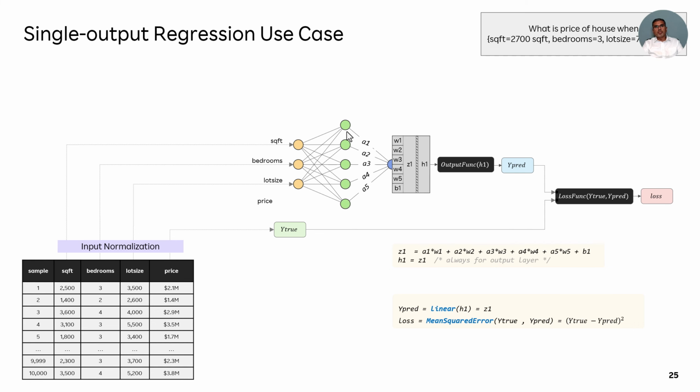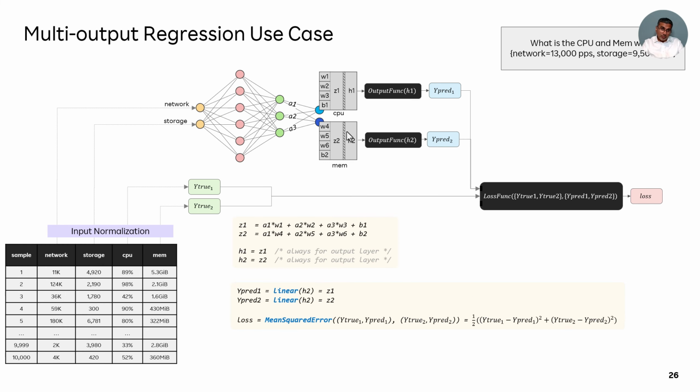Now, let's go to multiple output regression. Now, you're trying to predict more than one value. In this case, you're trying to predict the CPU and memory utilization given the network packets per second and storage IOPS. So again, you normalize all the input. You have two neurons in the input layer corresponding to the network PPS as well as storage IOPS. You have a bunch of hidden layers and a bunch of neurons within those layers.